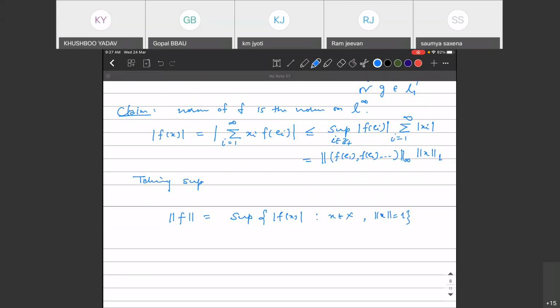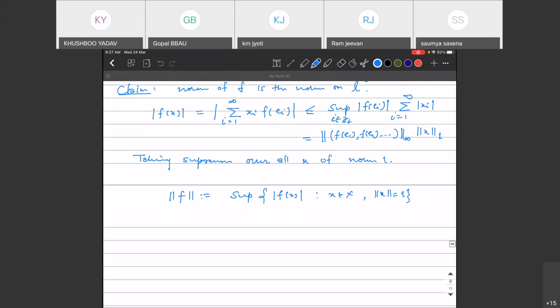This is one definition of the norm of f. So taking the supremum over all x of norm 1, this part will remain the same, and since x is of norm 1, this part is 1.